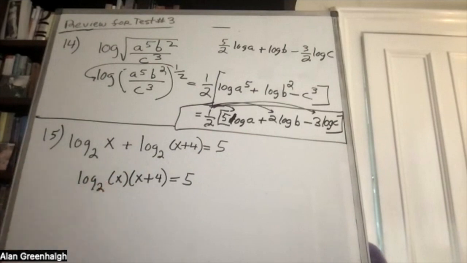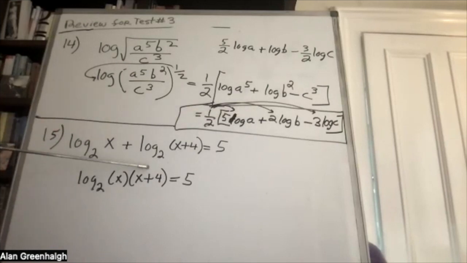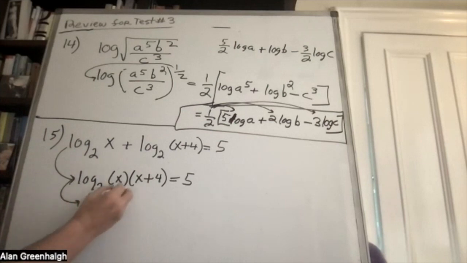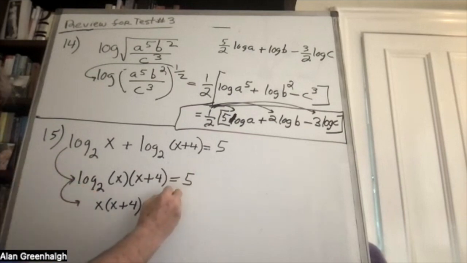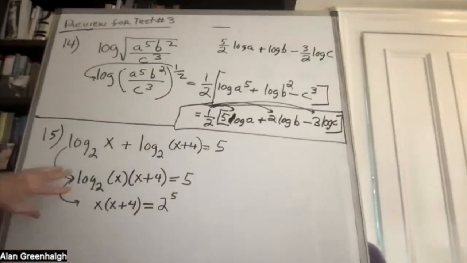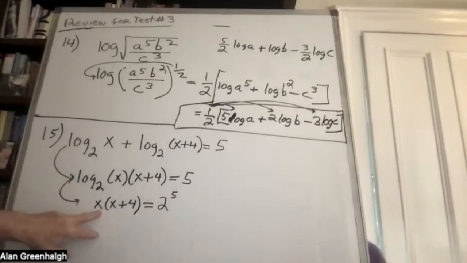Keeping in mind what I keep saying, when it's a plus, it means multiplication. So this started out as a multiplication problem. From here, you go to x times x plus 4 is equal to the base to the exponent, so you're writing it from a logarithmic expression to an exponential expression.